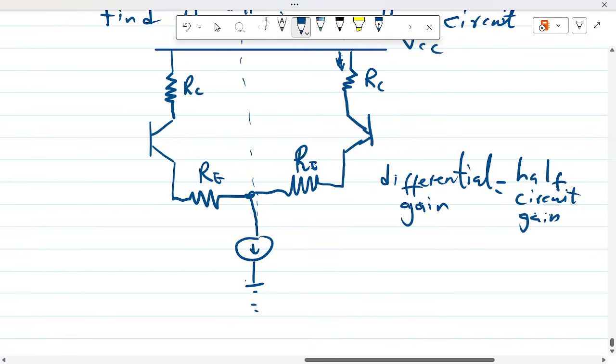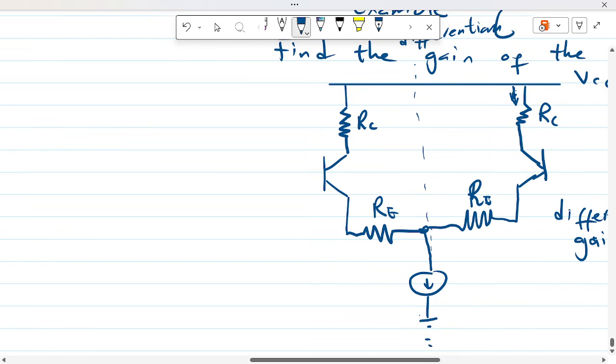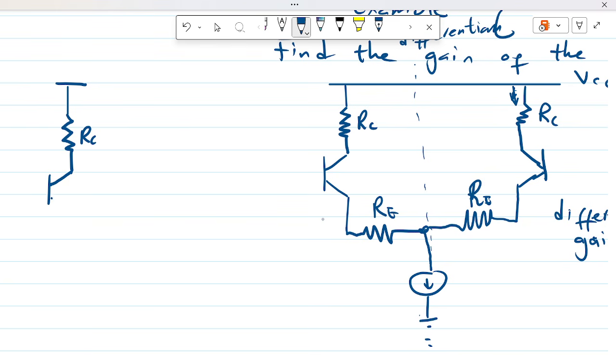So let's redraw the half circuit, and we know it's going to be RC, then our bipolar device comes. So this will be our input.